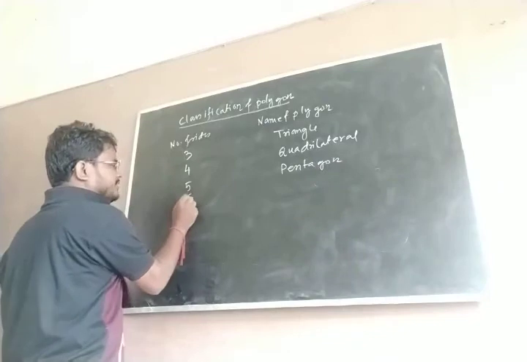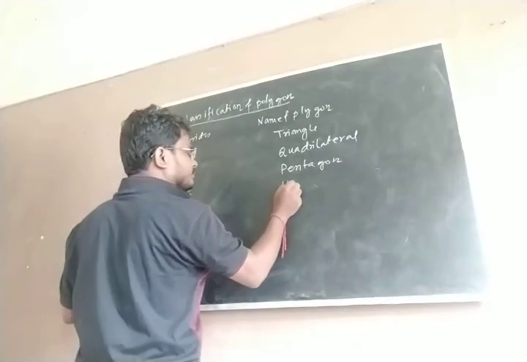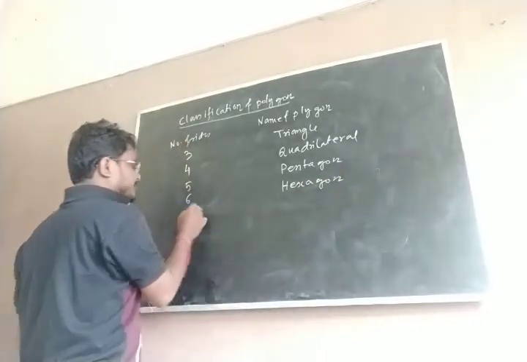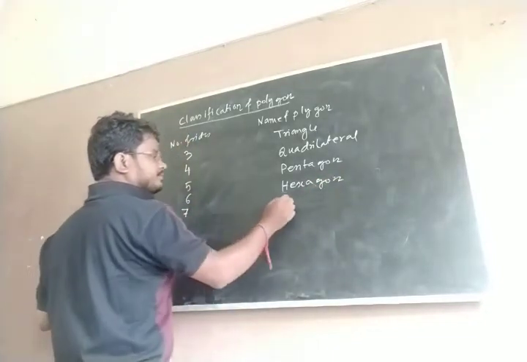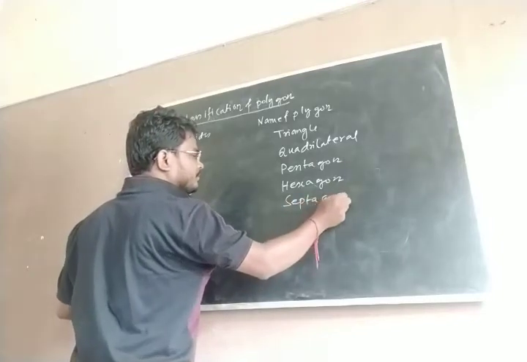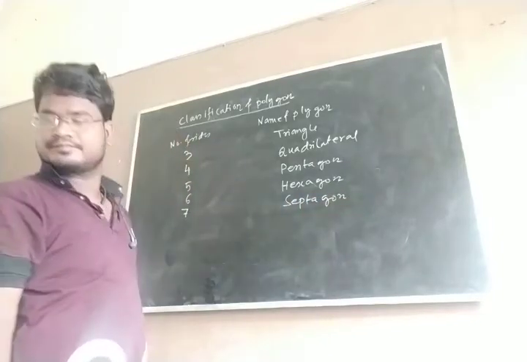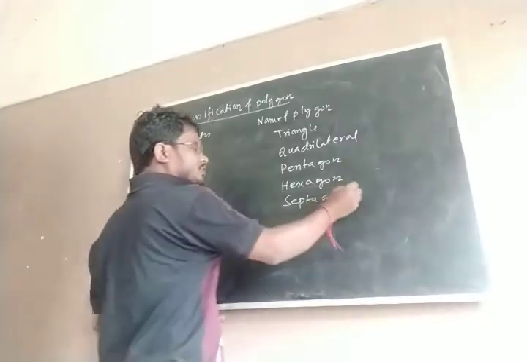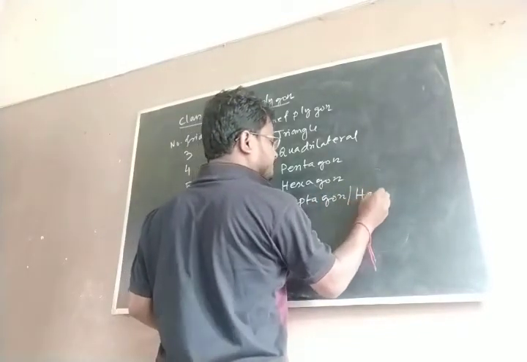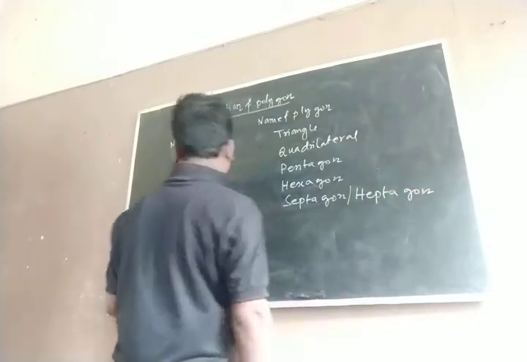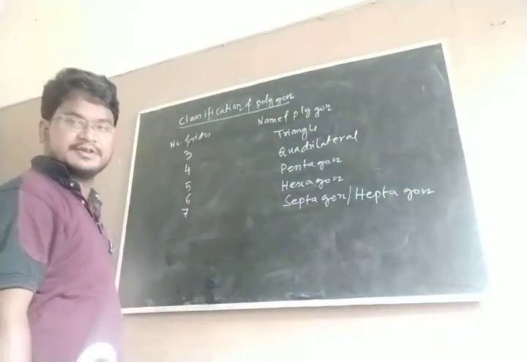If the side is 6. The side is 7, septagon, also known as heptagon. If the side is 8.